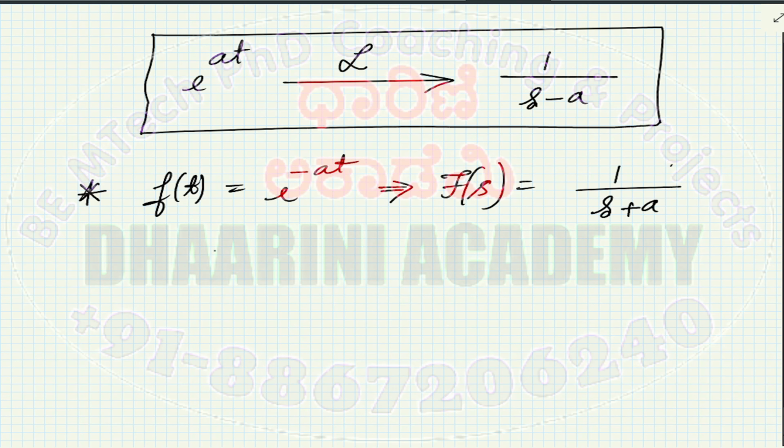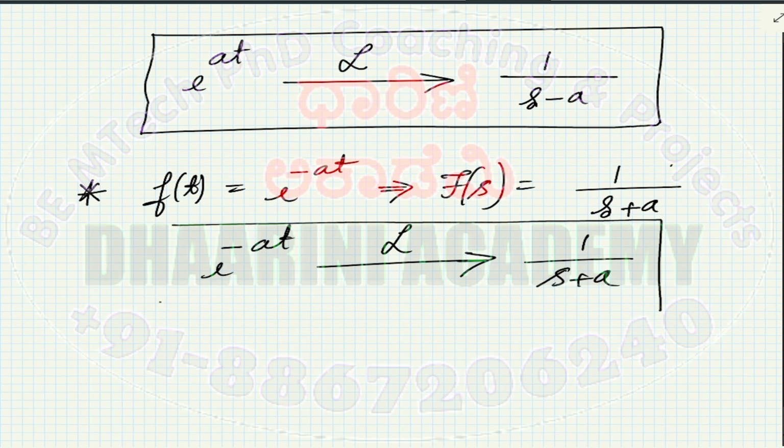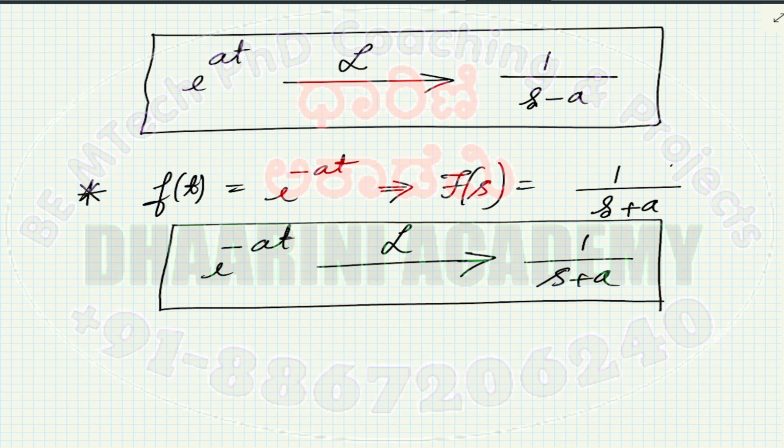So the next entry in your table will be e to the minus at, with its Laplace transform as 1 by s plus a. Please try to solve this by yourself. If you have any doubt, please let me know.